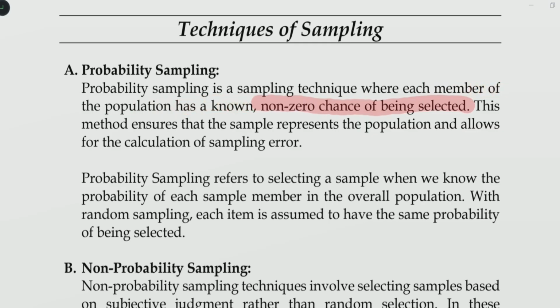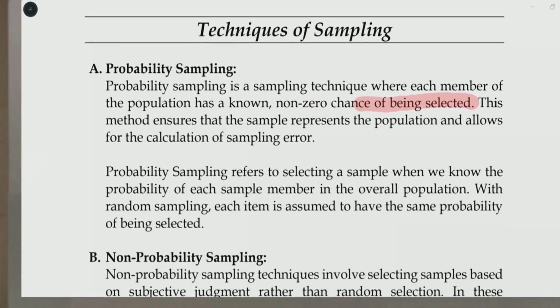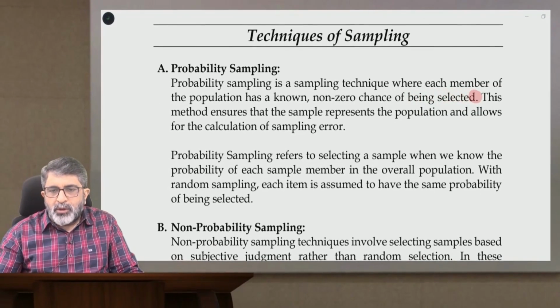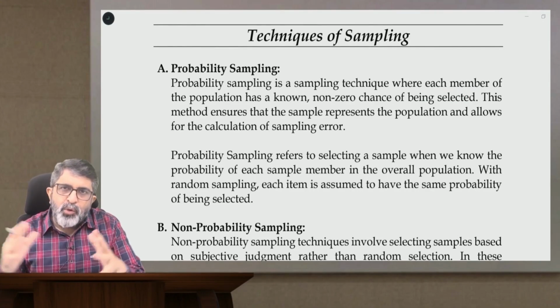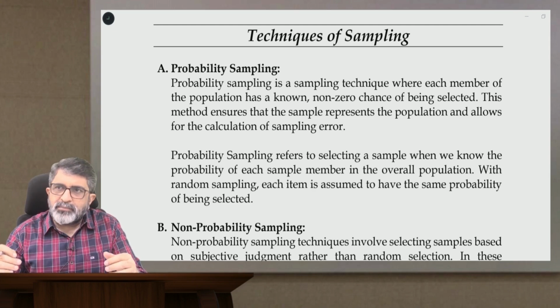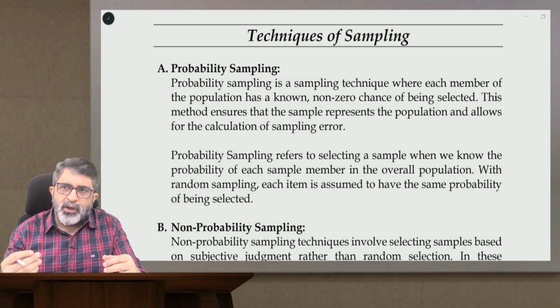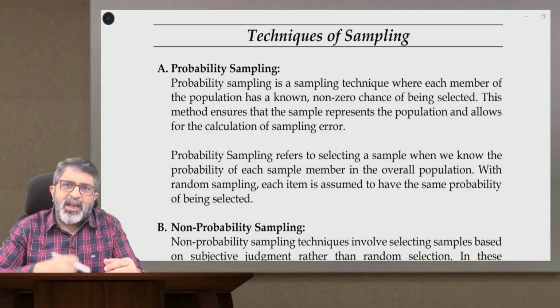You can understand it in a simple way. Say you have a selection made by a lottery system.